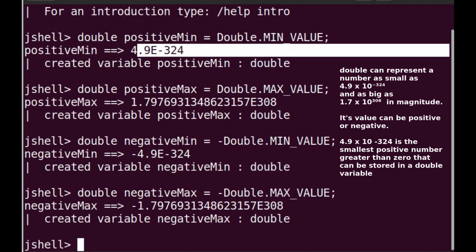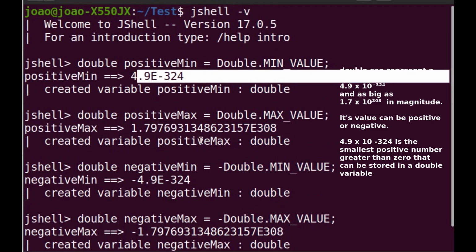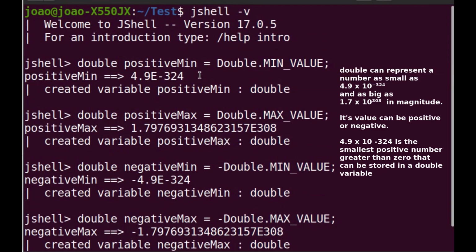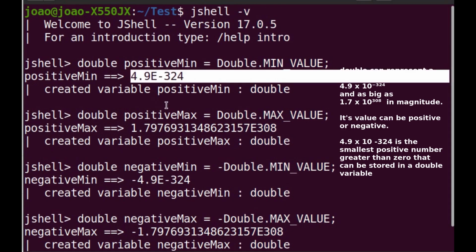As you can see, it can be positive or negative. For instance, this value here, 4.9 to the exponent of negative 324, is the smallest positive number.